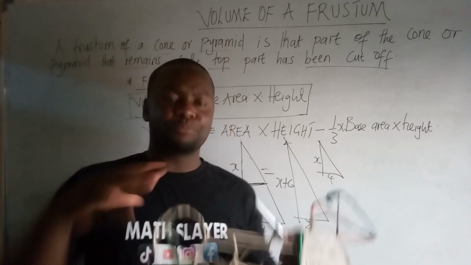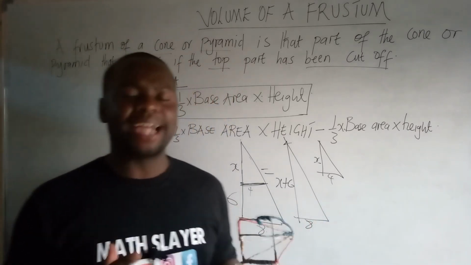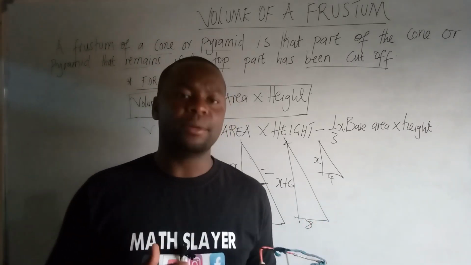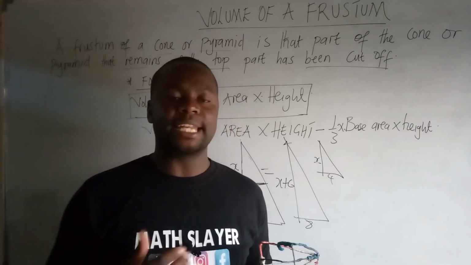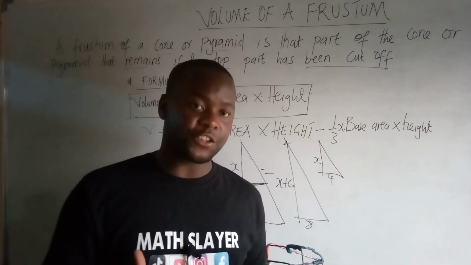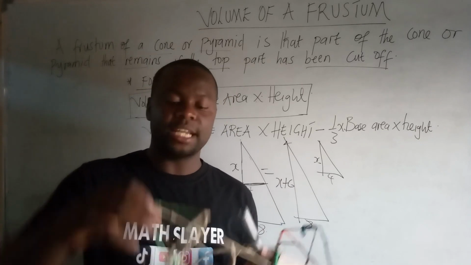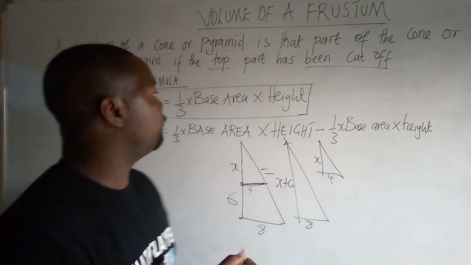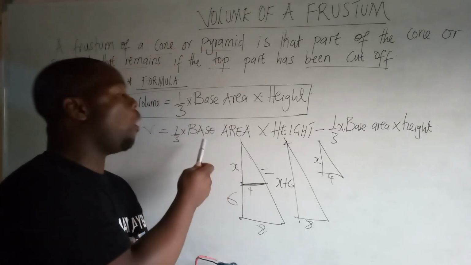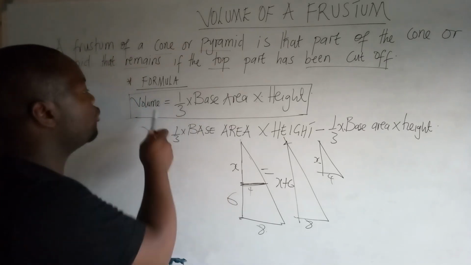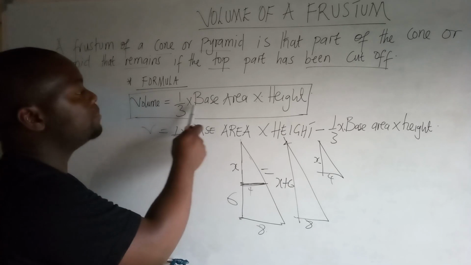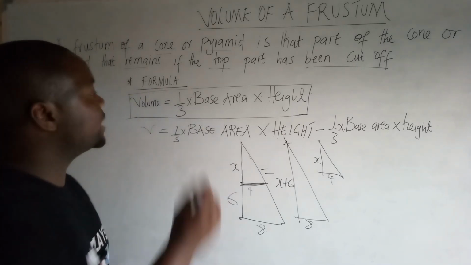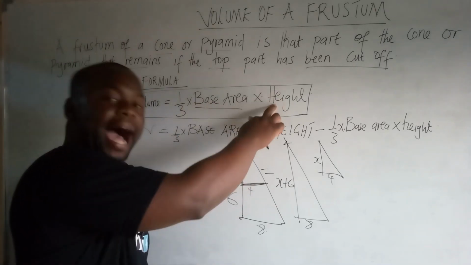Having explained this important background information about a frustum, how can you calculate the volume of the frustum after you have calculated the height of the part that was removed? Now we have the formula, which says volume is equal to 1/3 times base area, very important, base area times height.